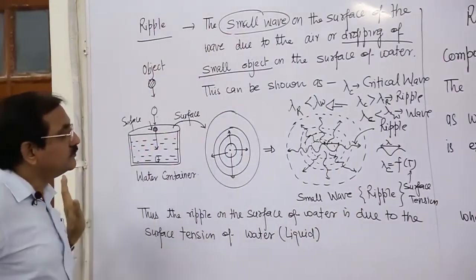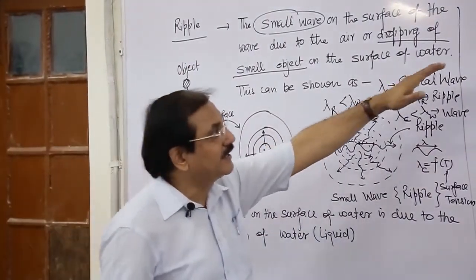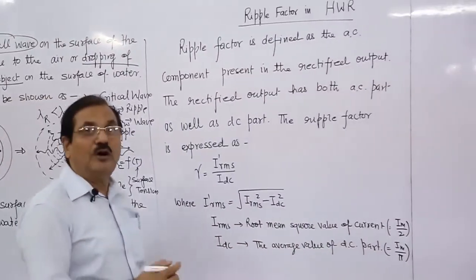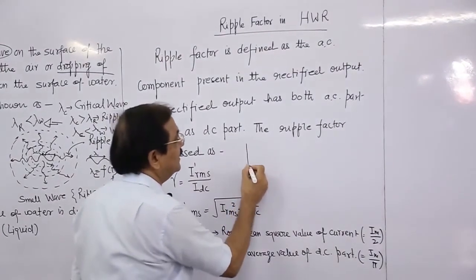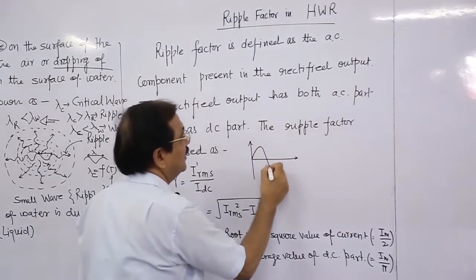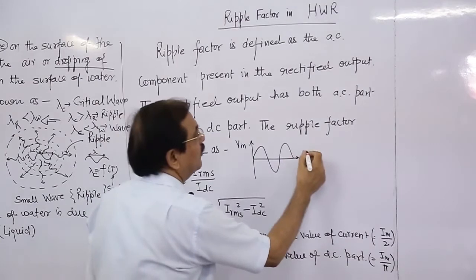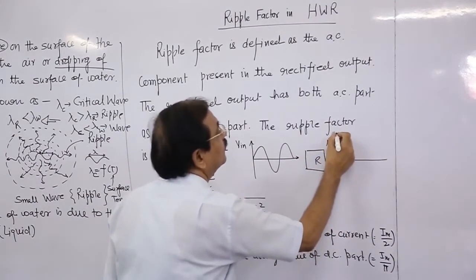Similarly, the ripple on the liquid surface, when there is a rectification, what we have in this rectification, if we draw a small circuit, this is the input Vi, and after rectification we have the output V output.